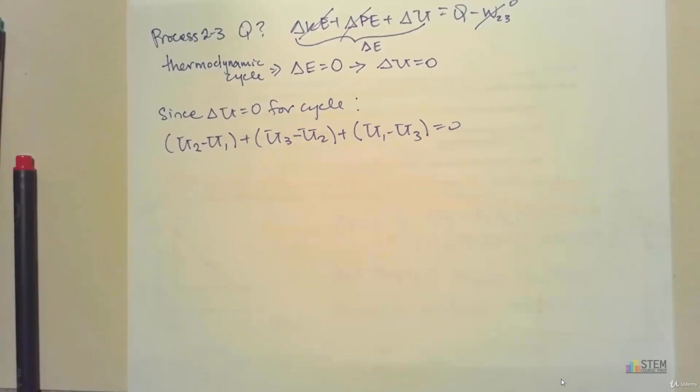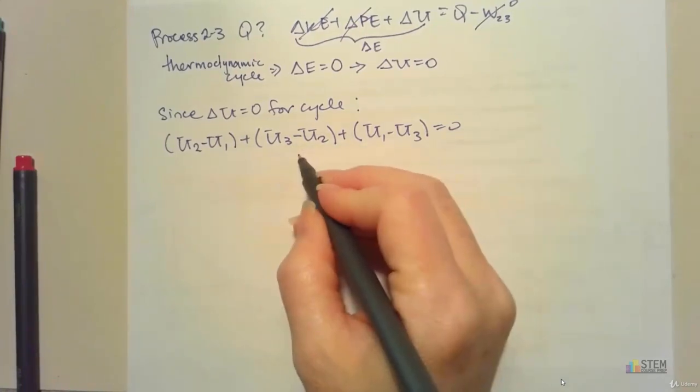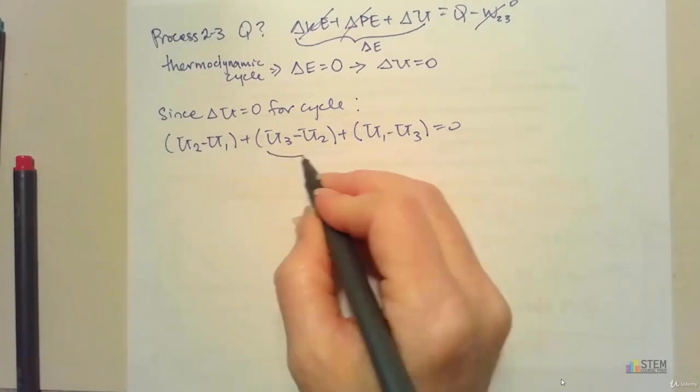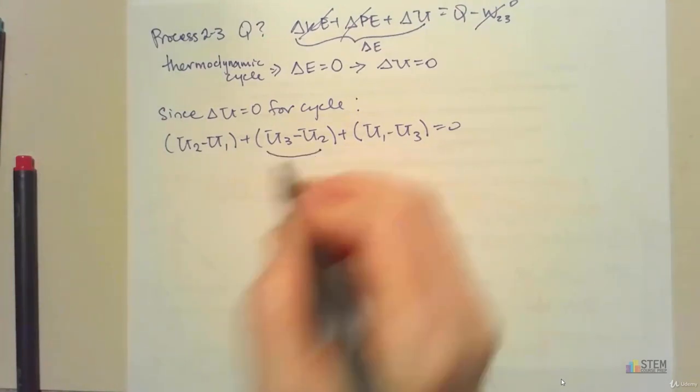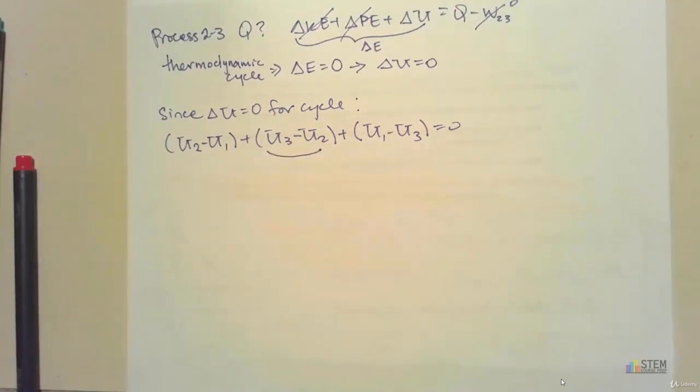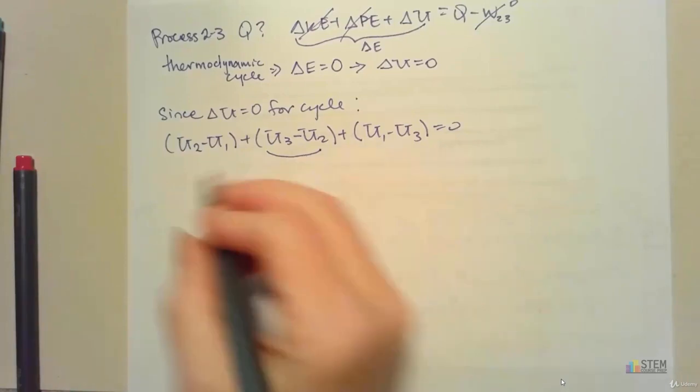Now what we want is this term right here. Okay, so let's go ahead and solve for this. And you'll see why we need that in a minute. Remember, we want to find the heat transfer for process 2-3. So this is the internal energy associated with that. So let's solve for this.